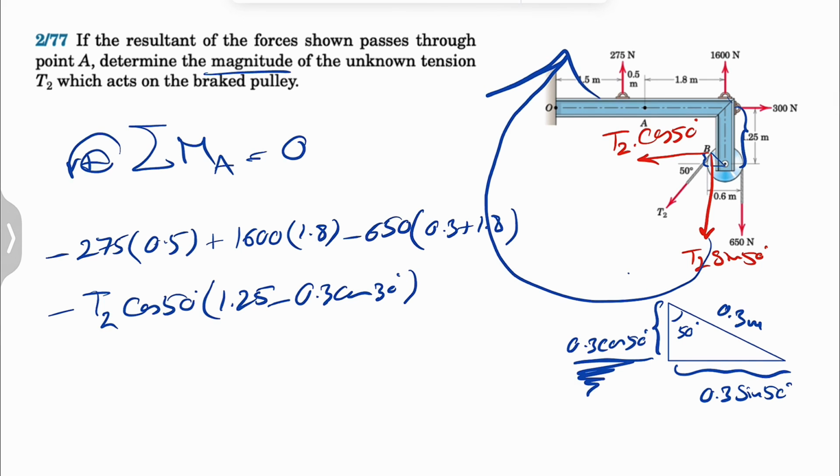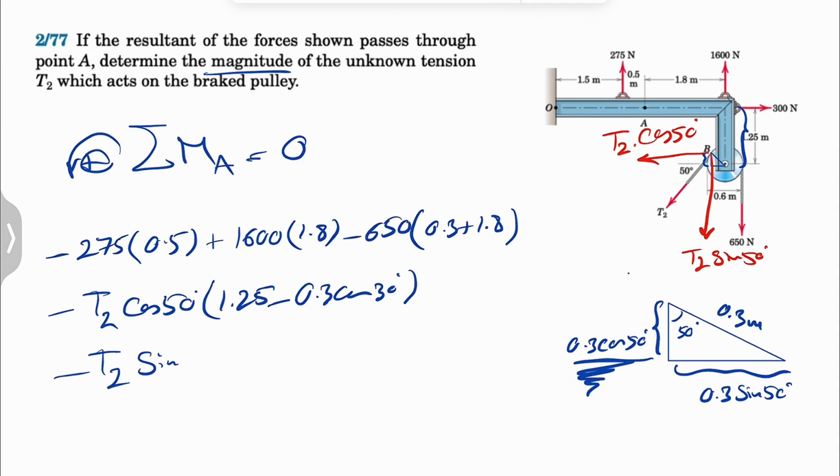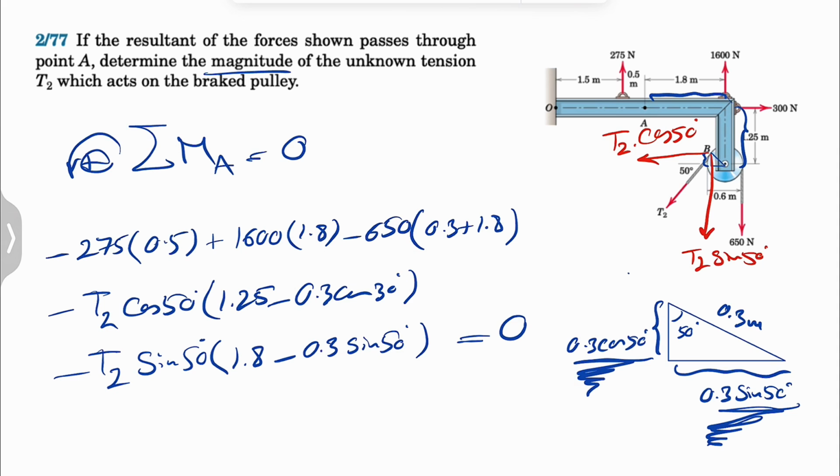The moment of the vertical component is also clockwise, so negative T2 sine of 50 degrees, and the distance is 1.8 minus the other side of this right triangle, the base, 0.3 sine of 50 degrees, equals 0. That's pretty much everything.